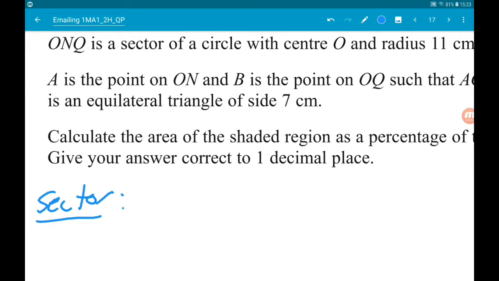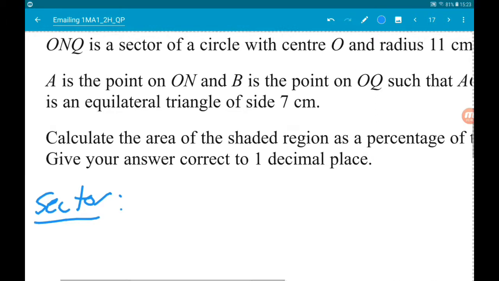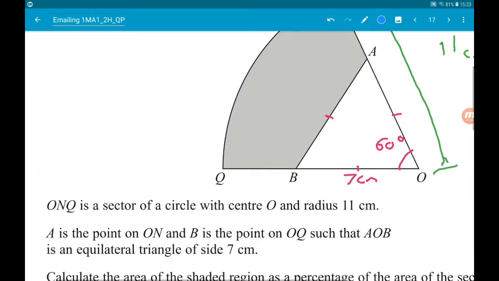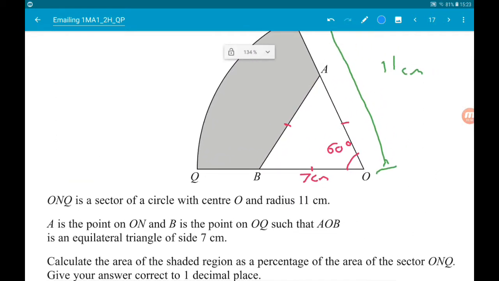Okay, so first of all, the sector has an angle of 60 degrees. So that allows us to work out the fraction of a whole circle that the sector is.